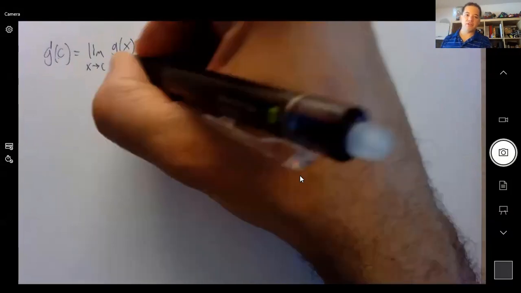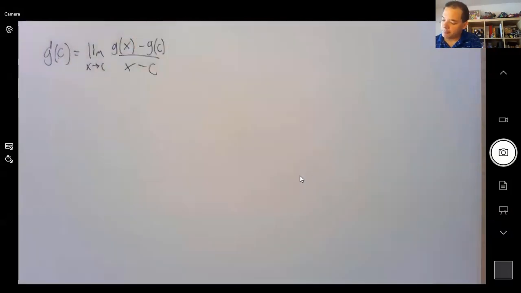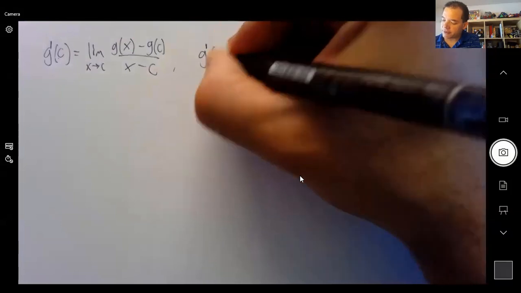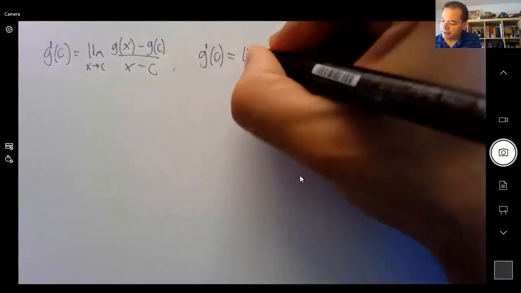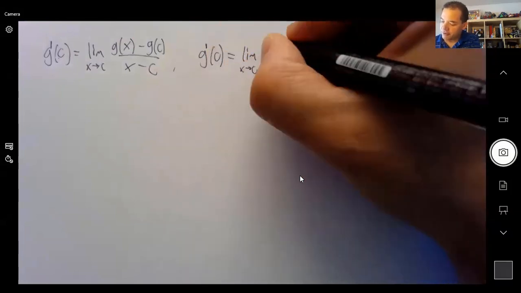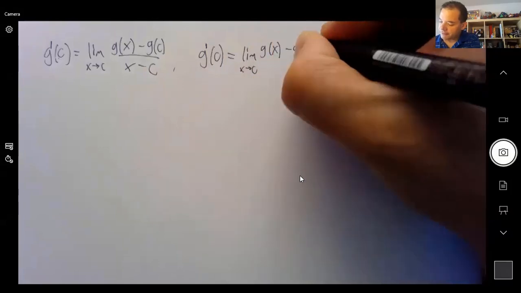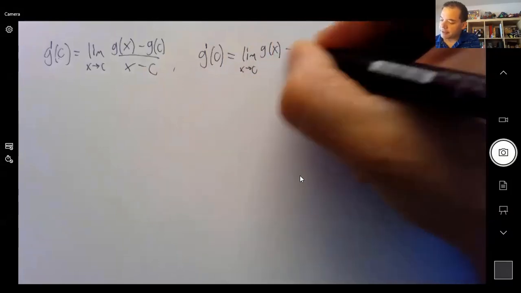That's the general definition of the derivative, right? So in this particular case, we want g prime of 0. And g prime of 0 would be the limit when x approaches 0 of g of x minus g of 0 over x minus 0.